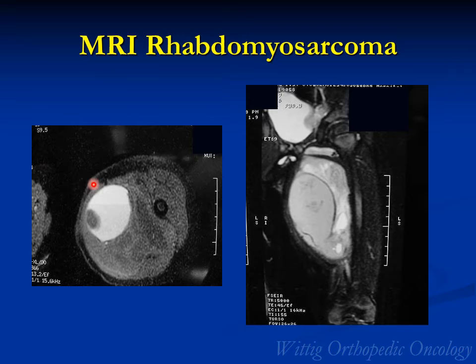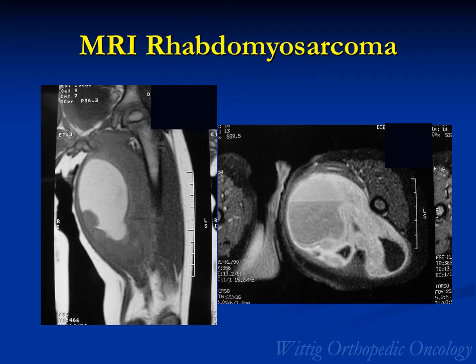This is an example of a rhabdomyosarcoma. You can see the patient is skeletally immature. This is in the thigh, and it's a non-specific heterogeneous mass. It may also spread to the adjacent lymph nodes. This shows a very large, very heterogeneous mass in the thigh.